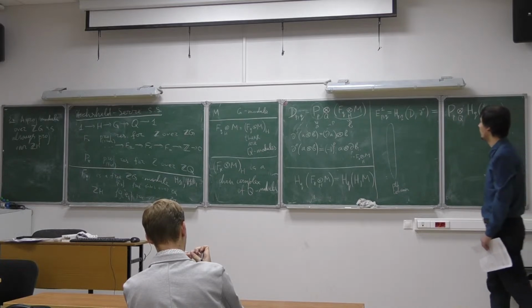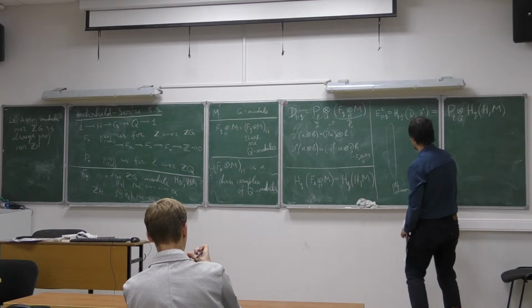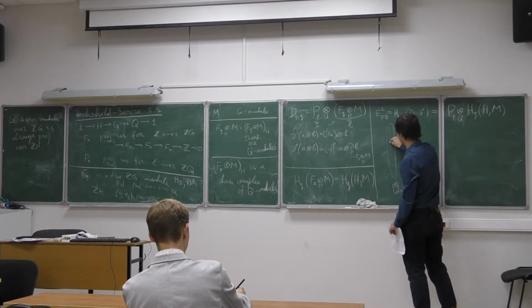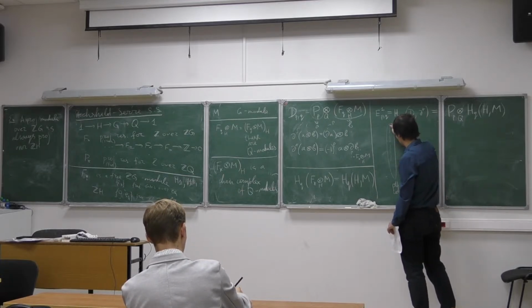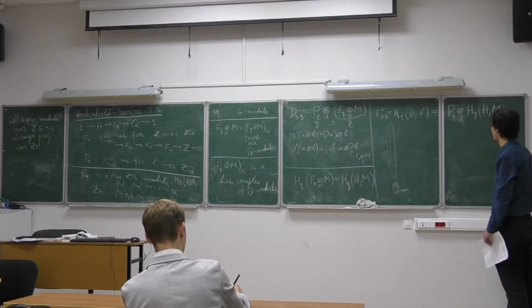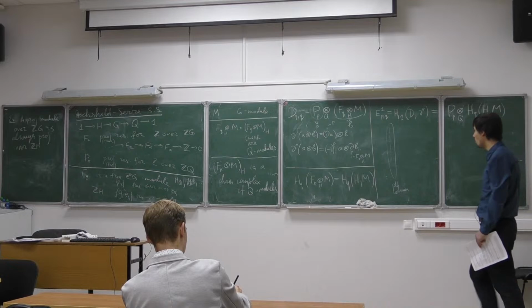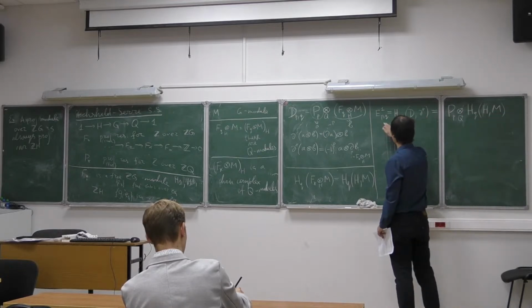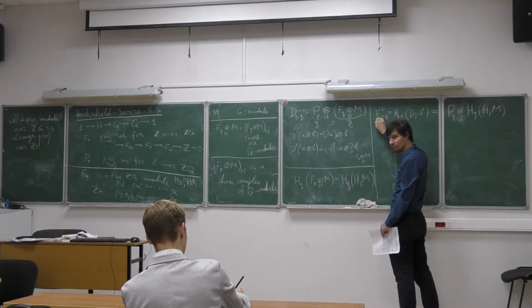Now, this was the first step. We took the homology along this line. Now we have how the second term of the spectral sequence arises.